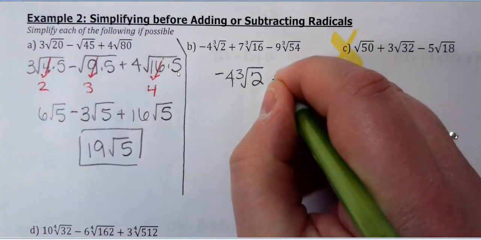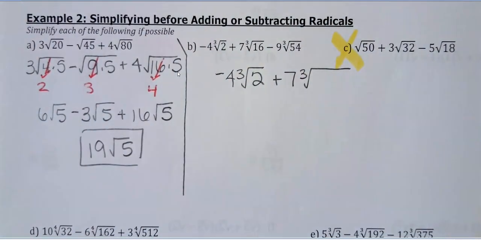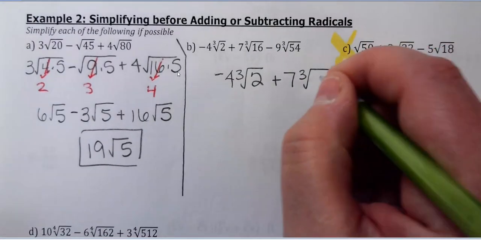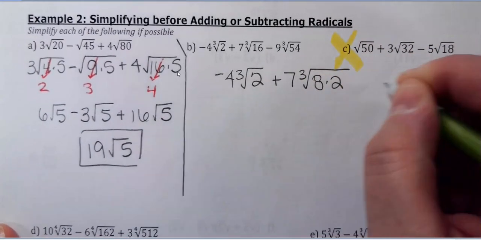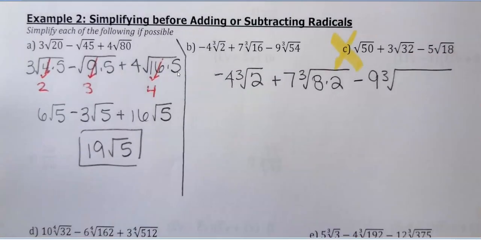What about 16 under a cube root? So your perfect cubes are like your 1, 8, 27, 64. What's the biggest perfect cube that would divide into 16? 8. All right, so I'm just going to rewrite that real quick as 8 times 2. And then I've got minus 9 cube roots of 54.